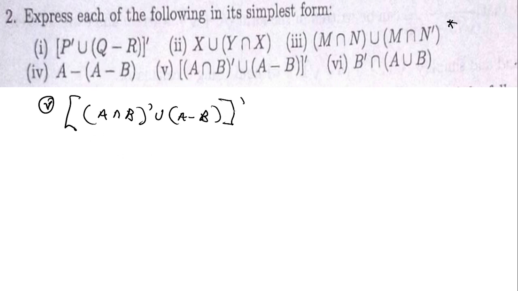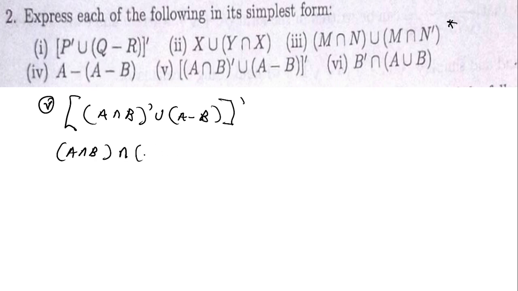So what I'll say is I'll multiply everything inside by that complement there. So this will be A intersection B. That complement times complement is just 1, and then I say union times complement, the answer is intersection.